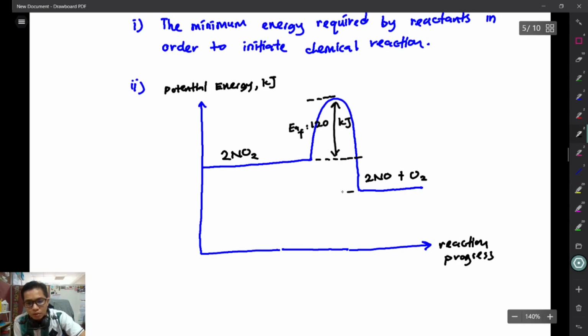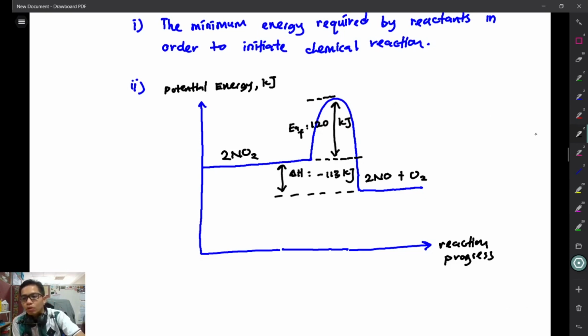And then from your level of product to your reactant, the energy difference we call delta H, which equals negative 113 kilojoule.